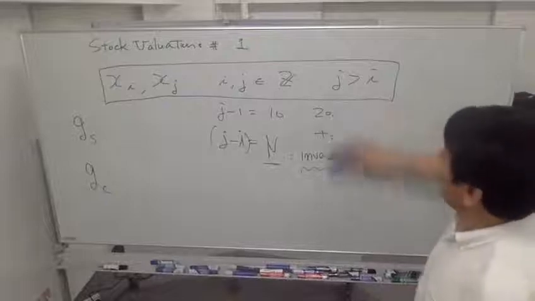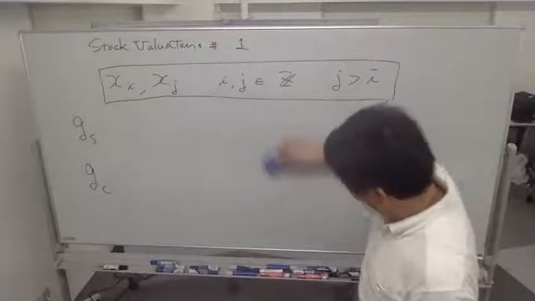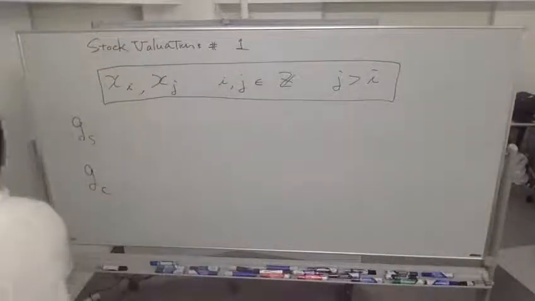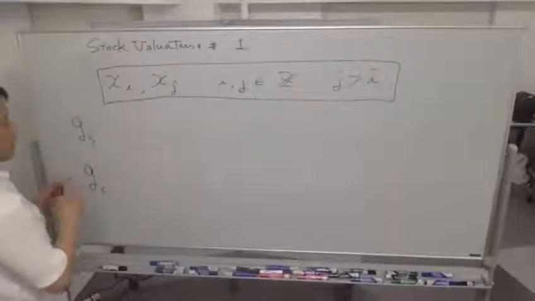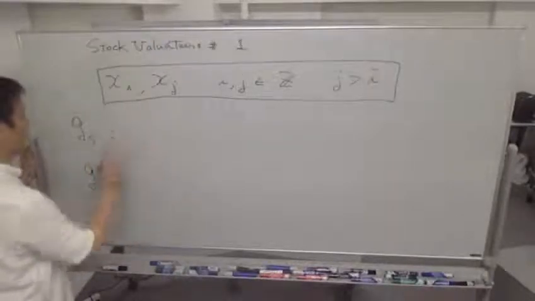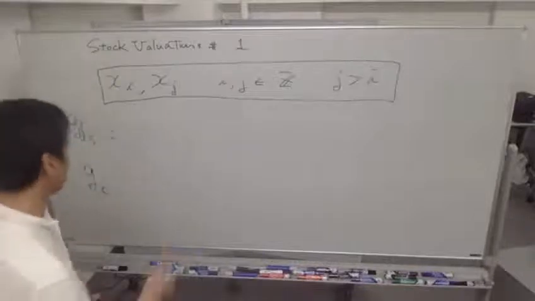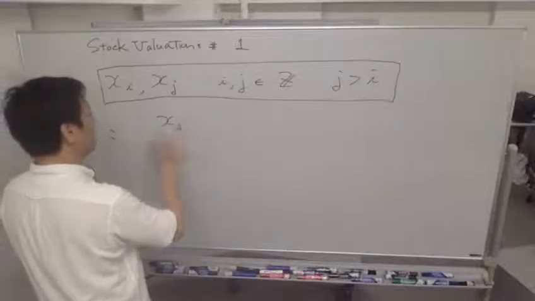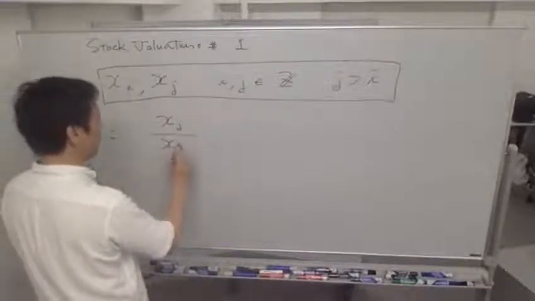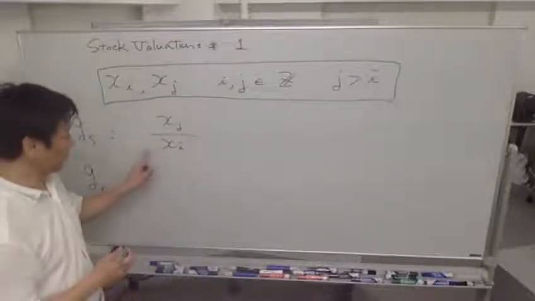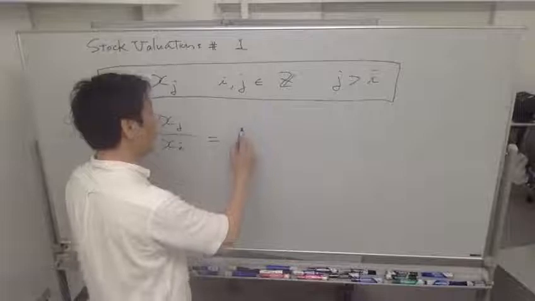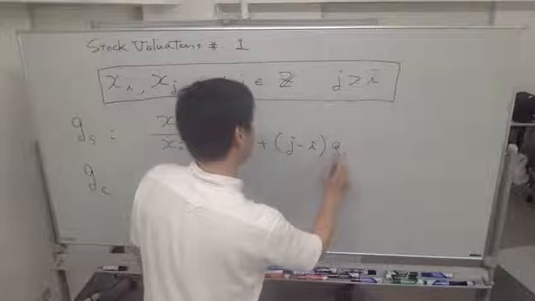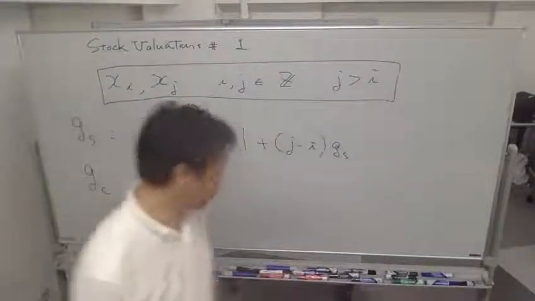So our time is limited and your time is precious, so you don't have to waste your time. Let's calculate our simple rate. We do this: terminal value xj over starting value xi equals 1 plus (j minus i) times GS.